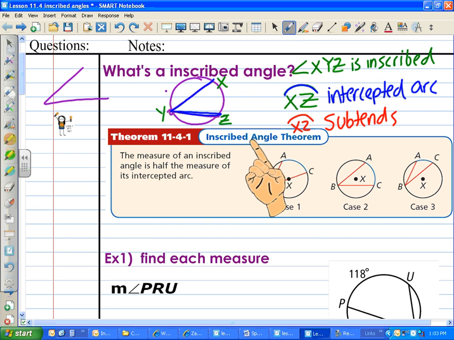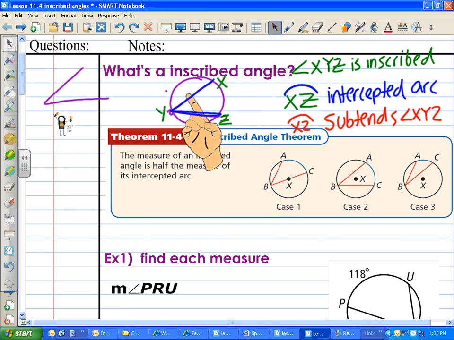Subtends just means that it's inside of this angle. So this arc right here is inside or within this angle right here. Because this arc is found inside of the angle lines, they say that it subtends it. So just be on the lookout for this word. Basically, inscribed, intercepted arc, and subtends are the main ones there.